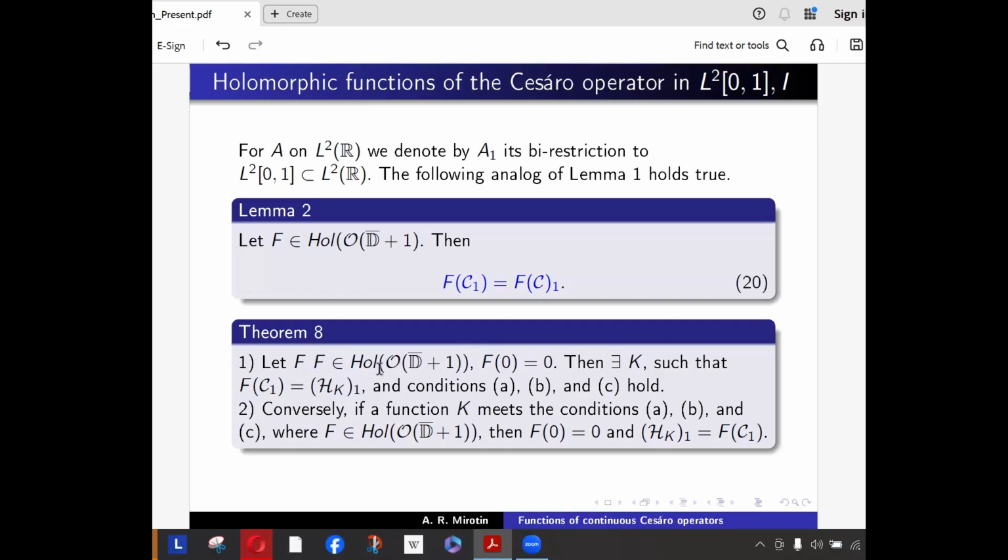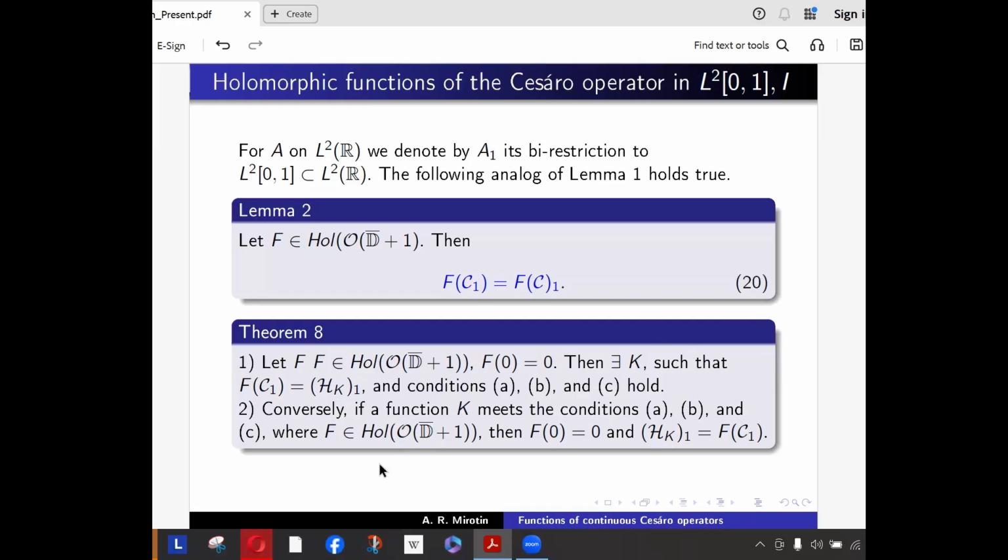If F is holomorphic in some neighborhood of the spectrum of C1, and if F of 0 equals 0, then there is such kernel K that holomorphic function F of C1 is the B restriction of HK, and conditions A, B, and C hold.